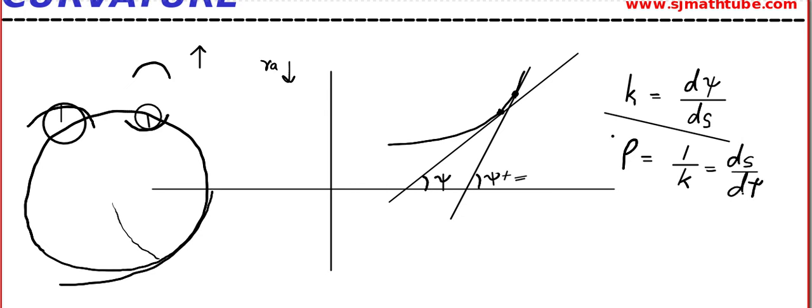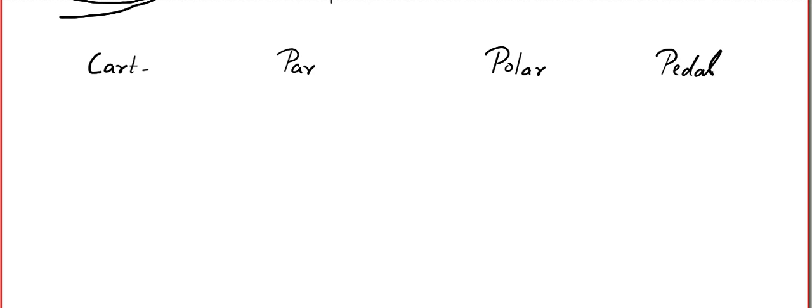Anyway, in your examination, they always ask, find the radius of curvature. Before we start the chapter, let me tell you, in this chapter, you should be very good with the Cartesian system, parametric form of a curve, polar coordinate system, and pedal equation of a curve.